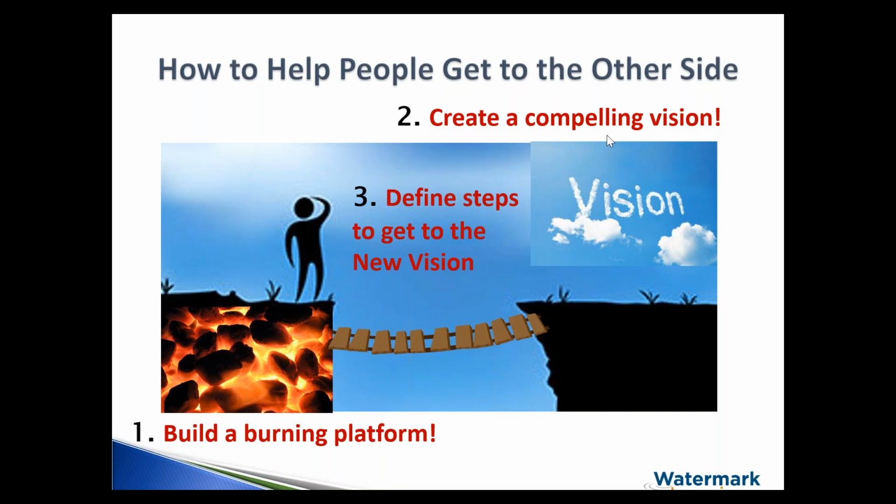Well, the burning platform is we're not efficiently allocating our resources. That was from an organizational standpoint. From a personal standpoint, we kind of want you to get credit for the work that you do, rather than just asking, what did you do, during your performance review? Then we had them create a compelling vision.